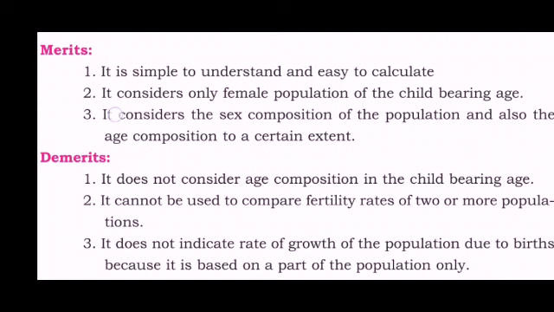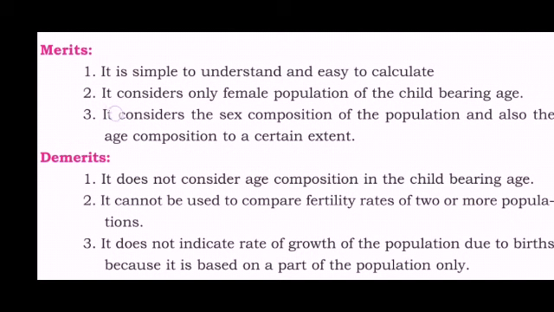We don't count individually, or maybe the groups like 15 to 19 year age, 20 to 24 year, like that also we don't count here. We just take the entire total female population, so we don't come to know among which age group females are giving more births.